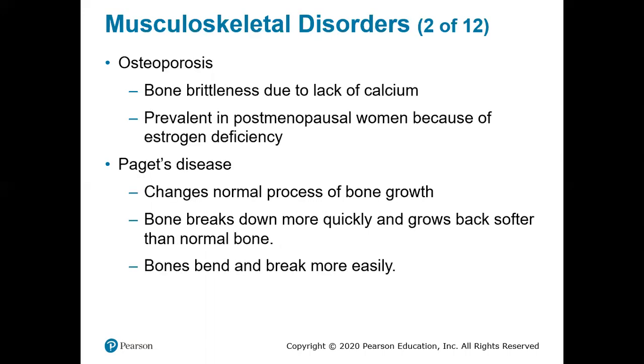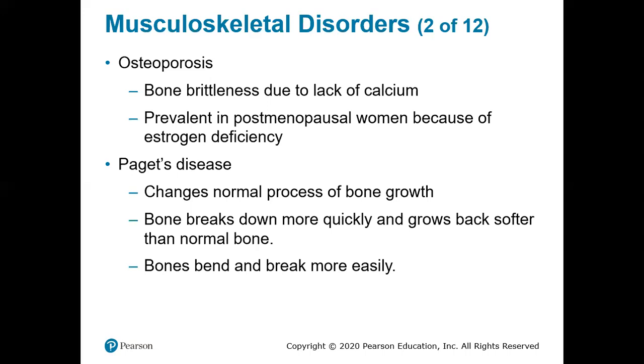Osteoporosis, which is bone brittleness due to lack of calcium, is prevalent in postmenopausal women because of estrogen deficiency. Paget's disease changes the normal process of bone growth. Bone breaks down more quickly and grows back softer than normal bone.